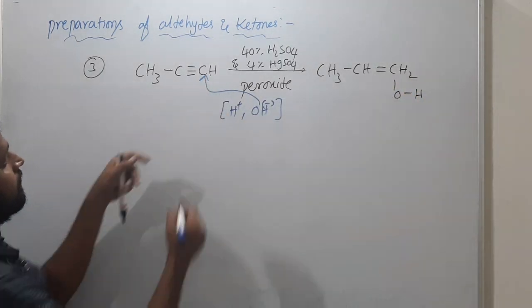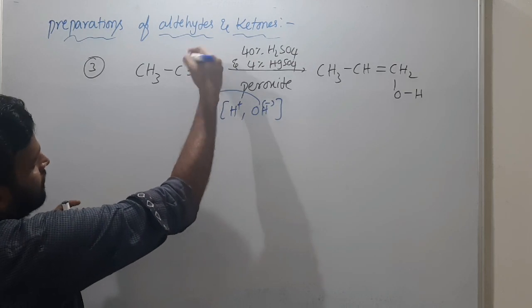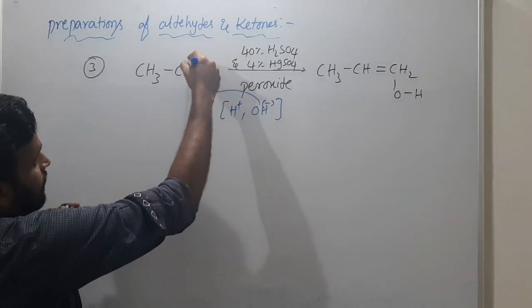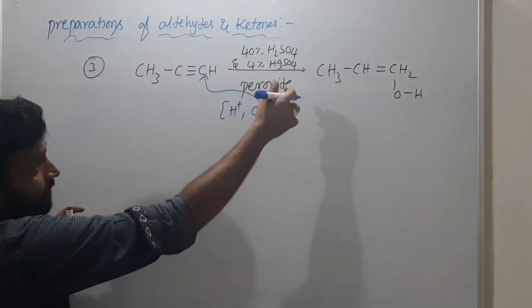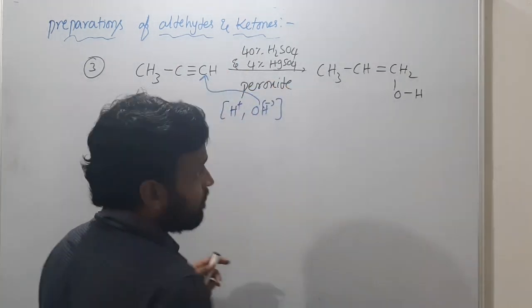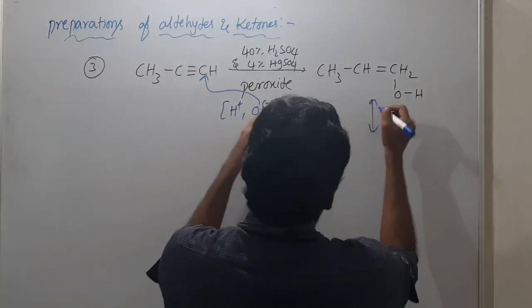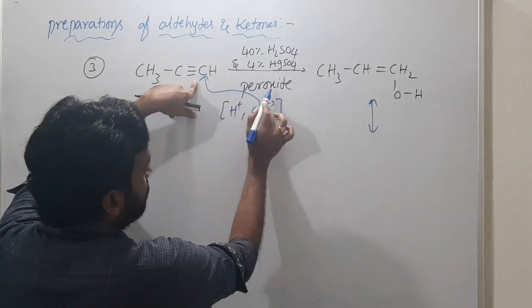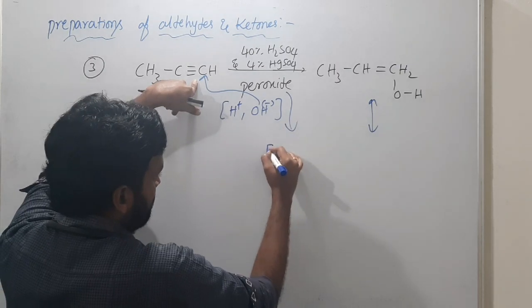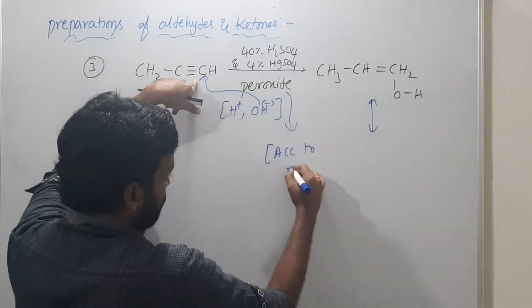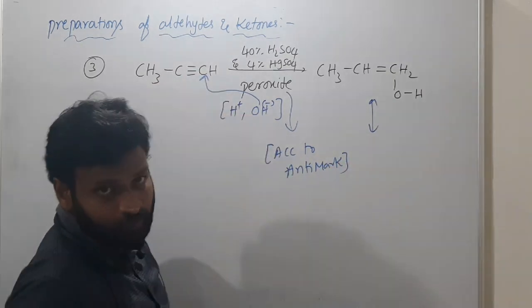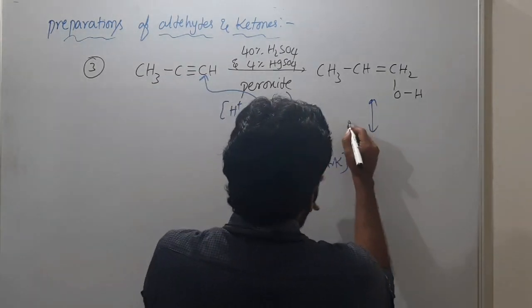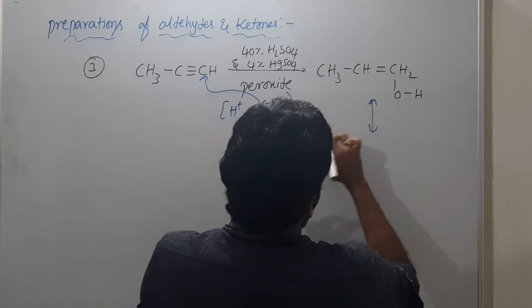Here the migration is different actually. OH minus will come over here because peroxide is used. Now on tautomerism, according to peroxide, that means according to the anti-Markovnikov rule.